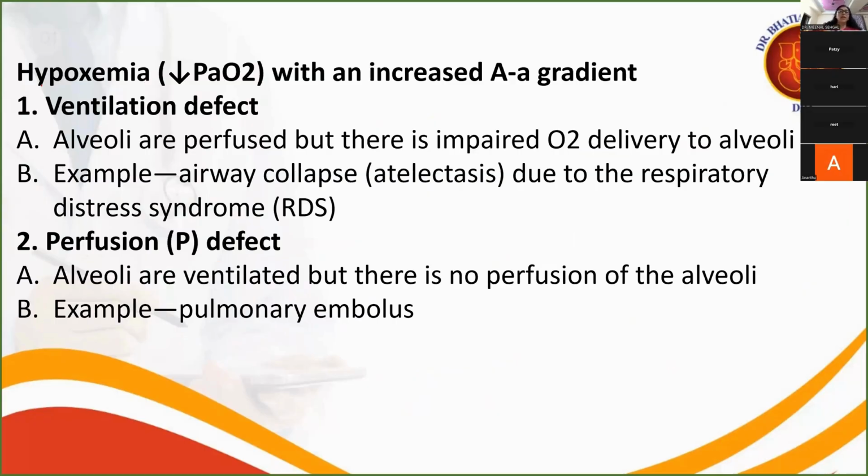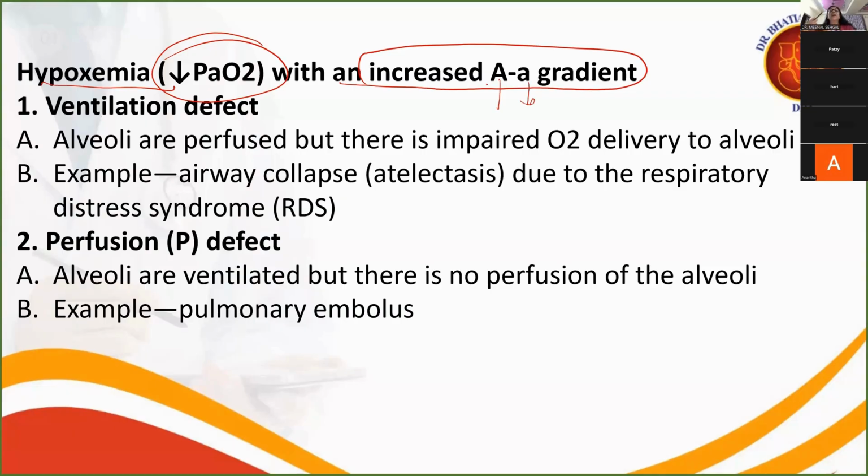So hypoxemia is low partial pressure of oxygen in the blood. Now, hypoxemia with increased gradient: that means the arterial oxygen level is low, but the alveolar oxygen level is still high. That can happen with ventilation defects. For example, alveoli are perfused, but there is impaired oxygen delivery to the alveoli.